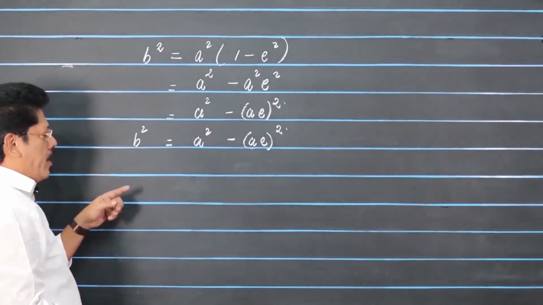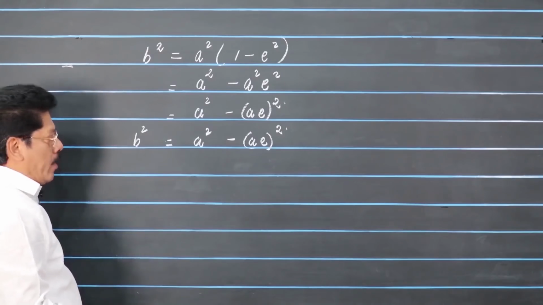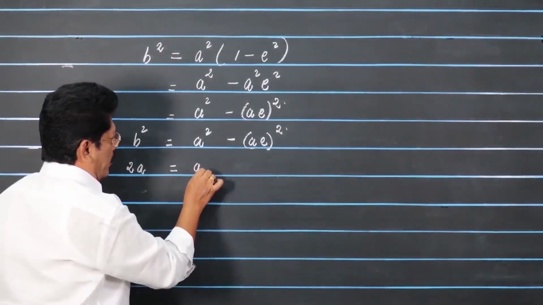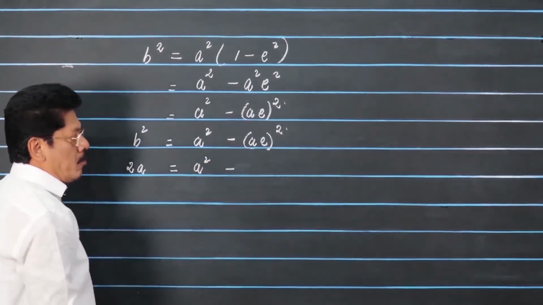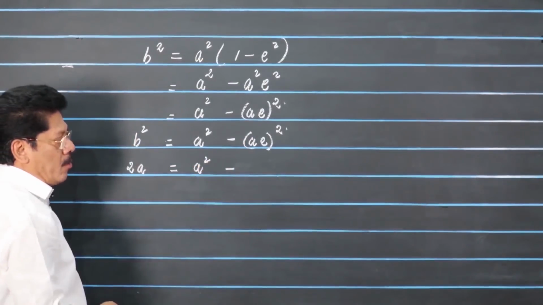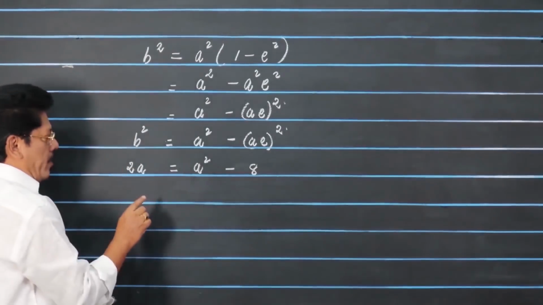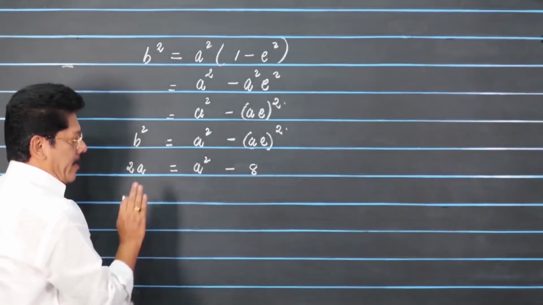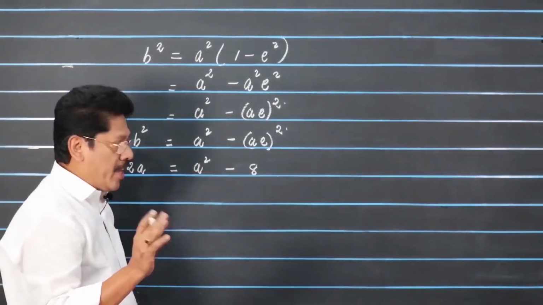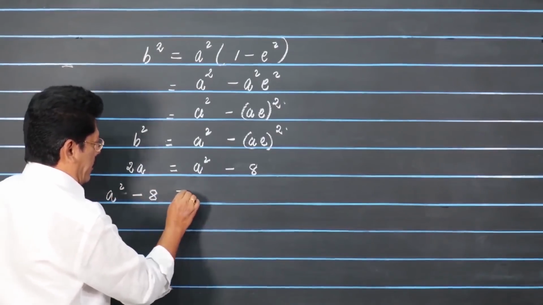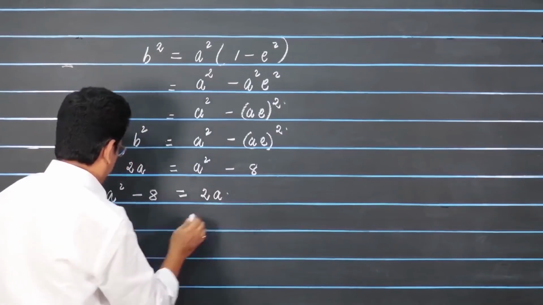Now, from equation 1, you have the value of b squared is equal to 2a. From equation 2, you know the value of ae the whole squared is equal to 8. Now, interchanging left hand side and right hand side, the sign won't change. Therefore, a squared minus 8 is equal to 2a.